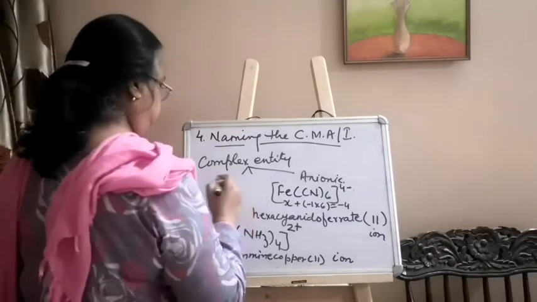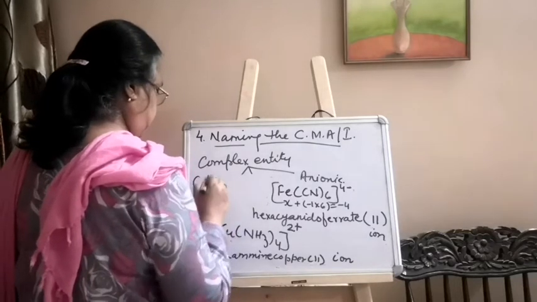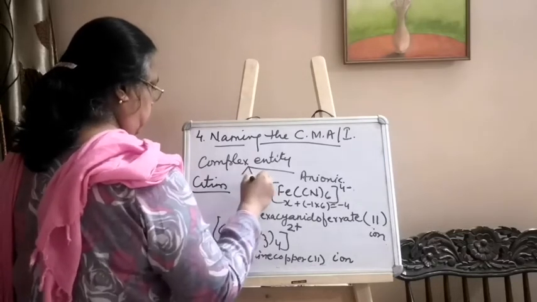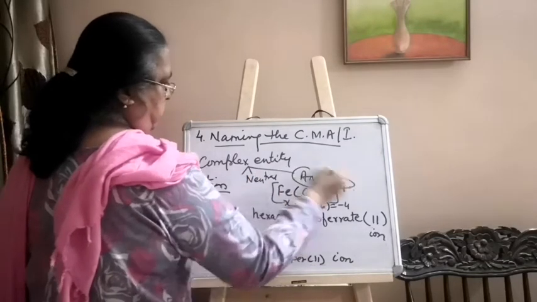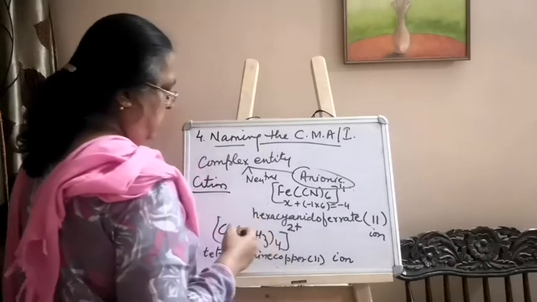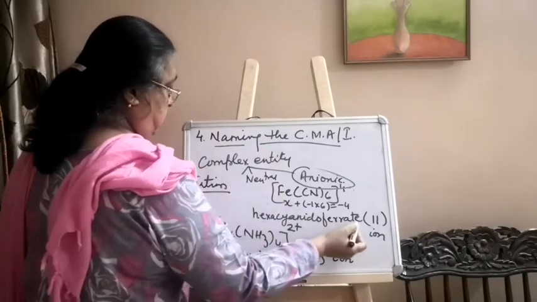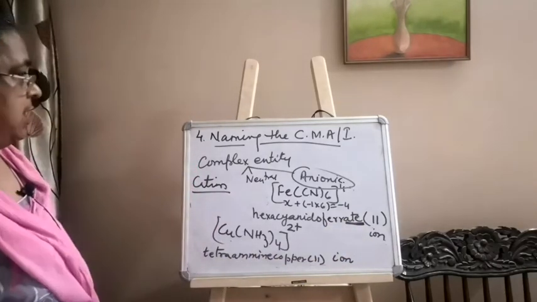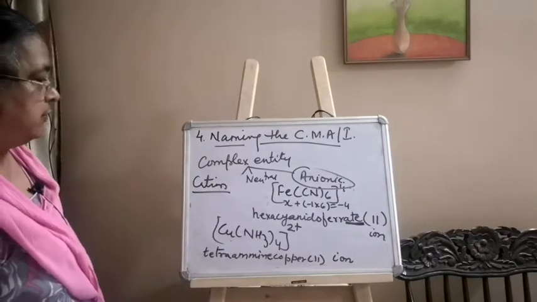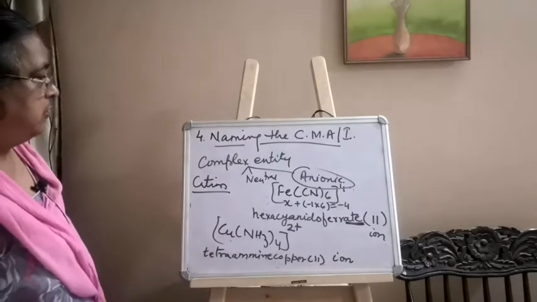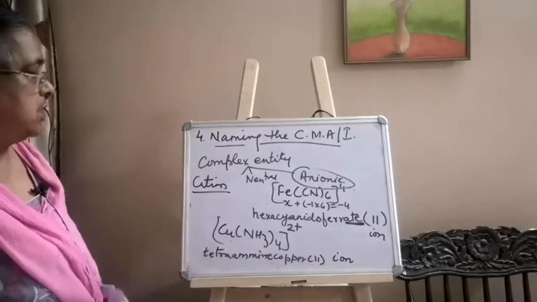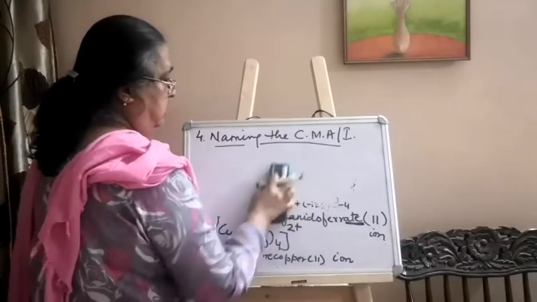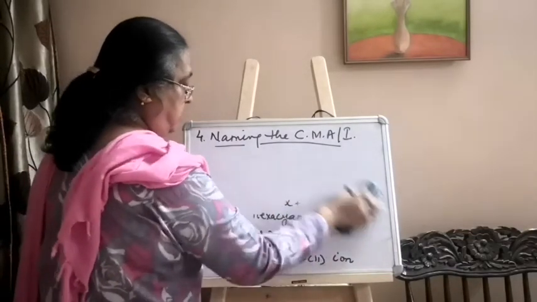So what do you have to remember? For a cationic complex entity, the name of the metal remains as it is. For neutral, the name remains as it is. But for an anionic complex entity, the name of the central metal atom is ending with ATE, and then after the central metal atom, you have to write in parenthesis with a Roman number the oxidation state that you will have to calculate of the central metal atom in this particular complex compound.